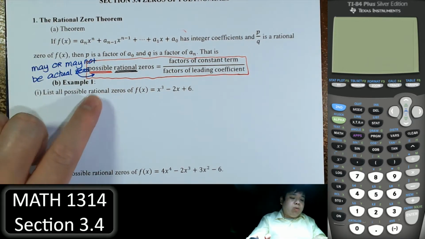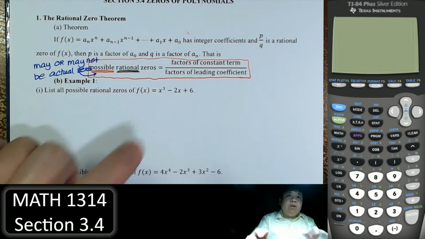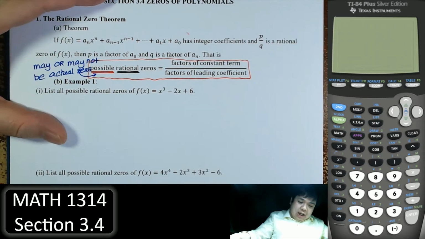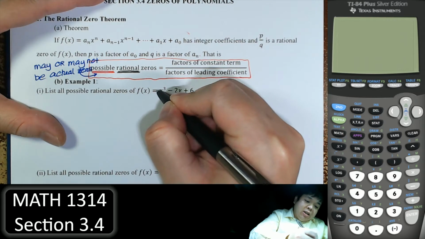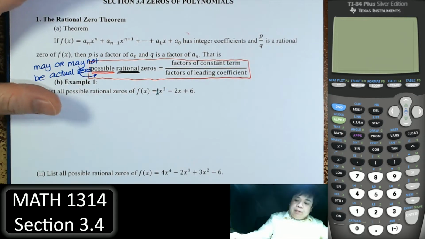List all the possible rational zeros for this polynomial. The constant term is 6, and the leading coefficient, that's just x cubed, so the leading coefficient is 1.